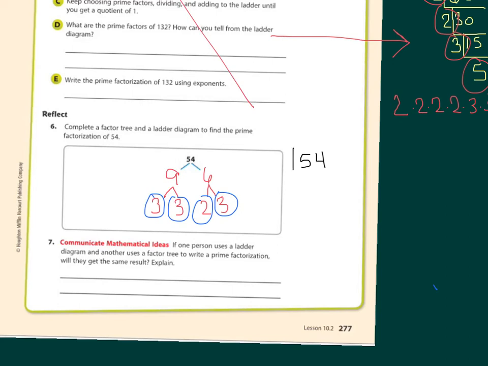All right, 54, so I'm going to choose a prime number to begin. What I started with here, both of those numbers are composite. And I need to start with a prime number, so I'll just pick one of these, 3. 3 times what is 54? Honestly, I just don't know the answer to that, so I'm going to come over here and divide it. I don't know my 3's up to 54.